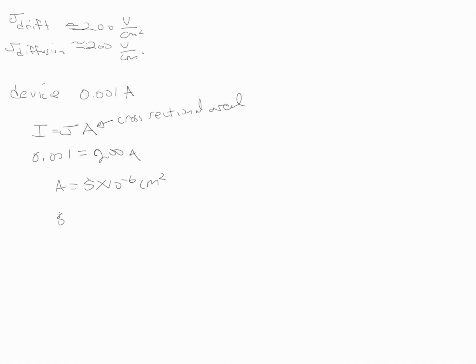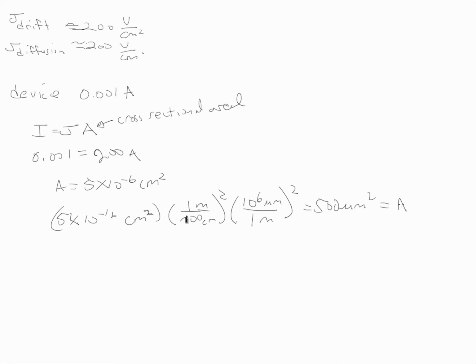And then if we just converted this to micrometers, so 5 times 10 to the minus 16th cubic centimeters, and then we'll just do a little dimensional analysis. 100 centimeters in a meter, and then there's 1,000,000 micrometers in 1 meter. And then if we plug that all in, we should get 500 micrometers squared. So that's the cross-sectional area.